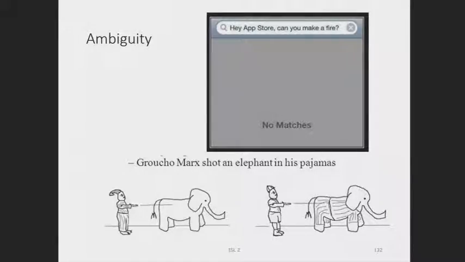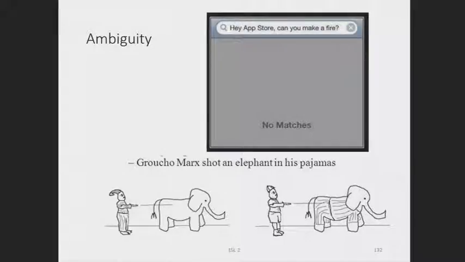Yes, exactly. So the question is, what does in his pajamas belong to? And the linguistic term for this would be, how do we parse it? So if we say, where in the phrase structure does it go, that means parsing it, identifying the phrase structures.